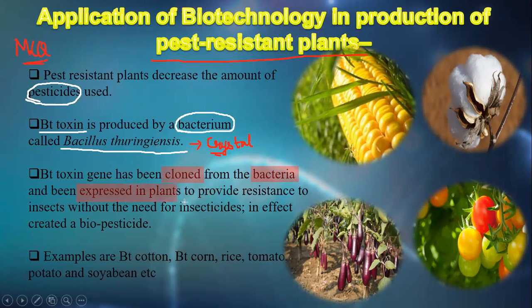This cloned gene has been expressed in some plants. I'll provide you the mechanism diagrammatically, which helps you to understand the concept very clearly. It is to provide resistance to insects, without the need of insecticide.